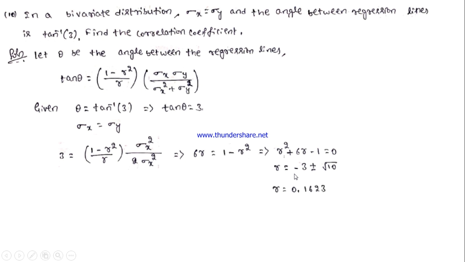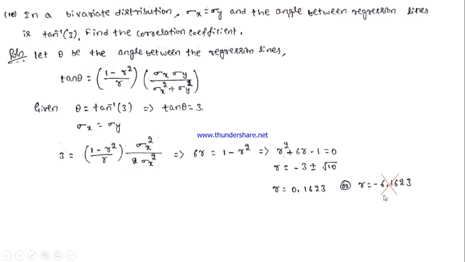And the two values are r is equal to 0.1623, and the other value of r is minus 6.1623. Out of these two, we can take only one value, and the other value has to be rejected. Which value has to be rejected in this case? This value has to be rejected because the value of r lies outside the boundary.